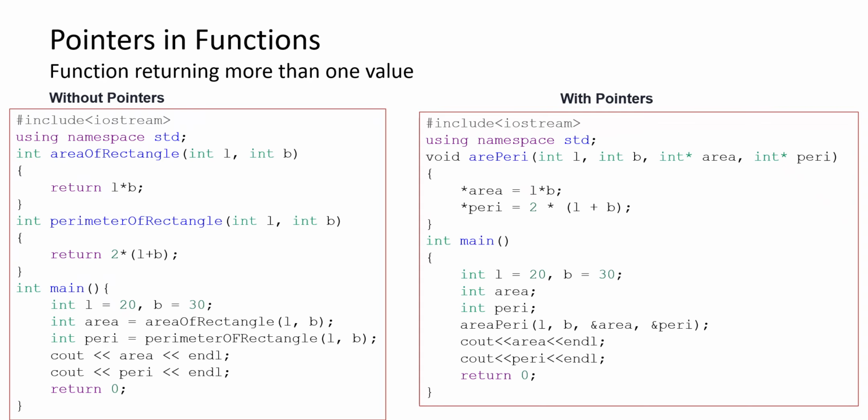This means the function directly modifies the memory locations of area and peri. So when control returns to main, area has the calculated area, peri has the calculated perimeter. The advantage is that one function returns multiple values. This is efficient and widely used in real projects. This is a very important exam concept.